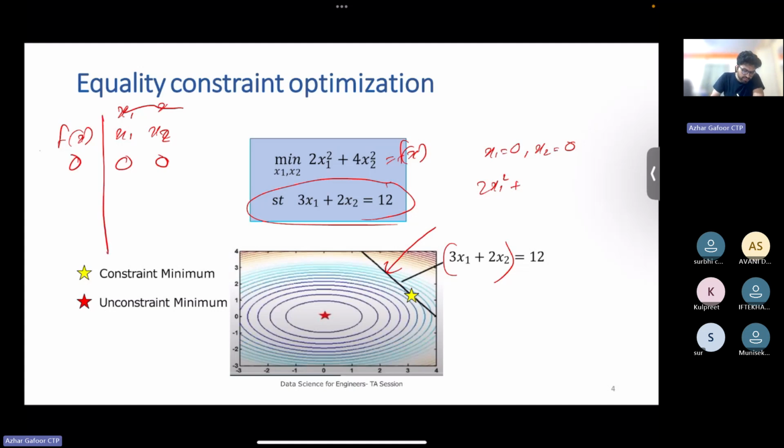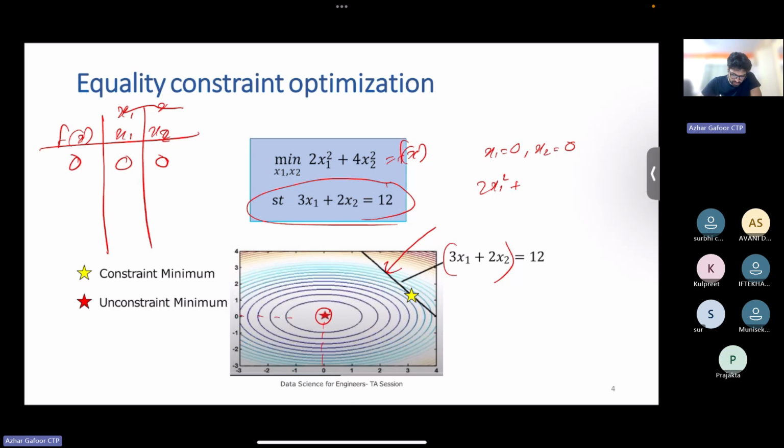If it was an unconstrained problem, we know that this is the optimal point, denoted by the red star, where x1 is equal to 0 and x2 is equal to 0. But since we have a constraint, this (0, 0) point does not lie on the black line shown here.